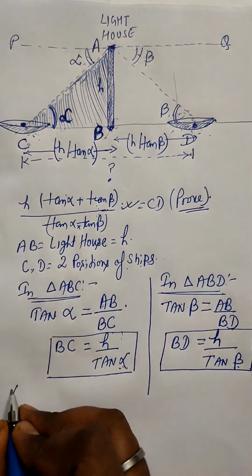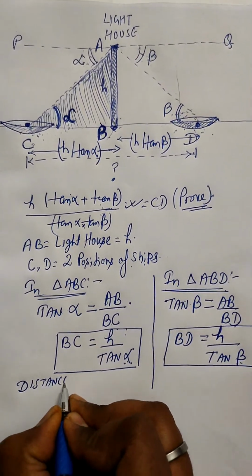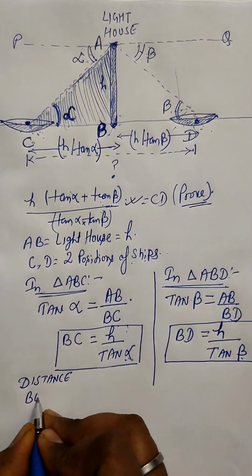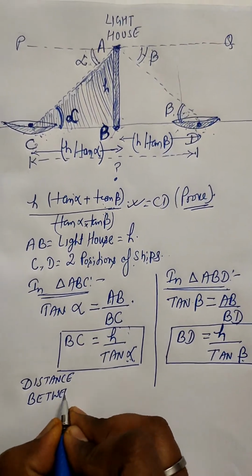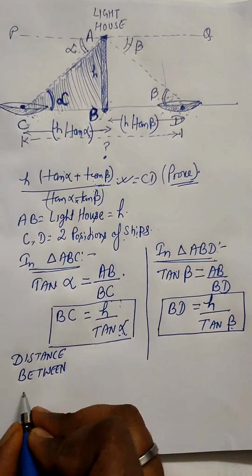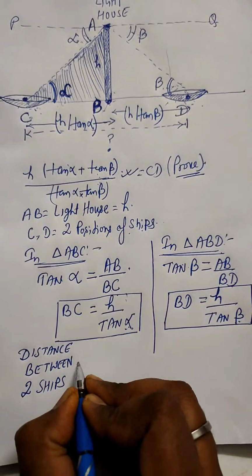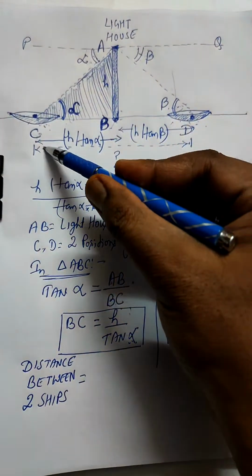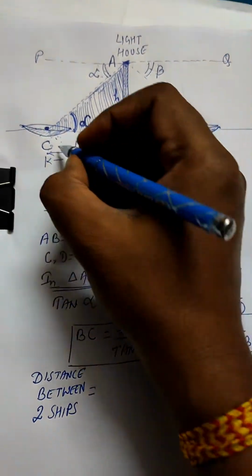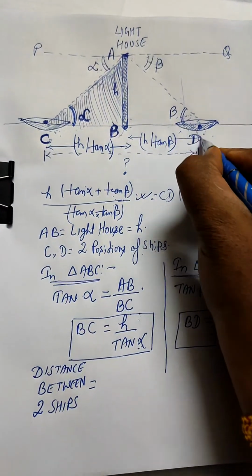So can we write that the distance between two ships is equal to what? It's equal to C to D, right?